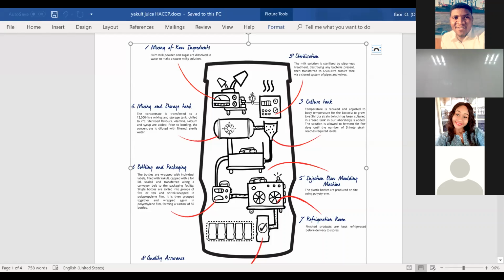What we're doing is we're trying to draw the flow diagram of the picture you see on the screen.